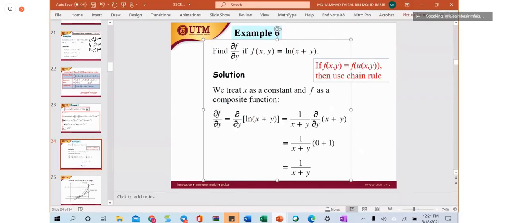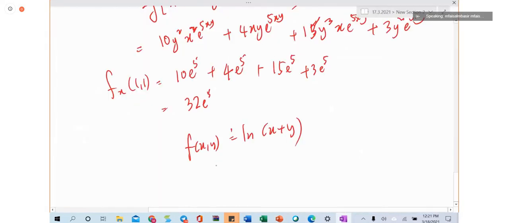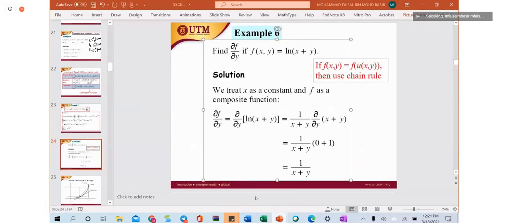Differentiation with respect to y will be: copy whatever is inside the ln, put it at the denominator, and differentiate this with respect to y. This will be 0 and this is 1. Done. Easy. Okay, 1 over (x + y). Copy the inside of the ln to the denominator and differentiate it, and then you can remove the ln.